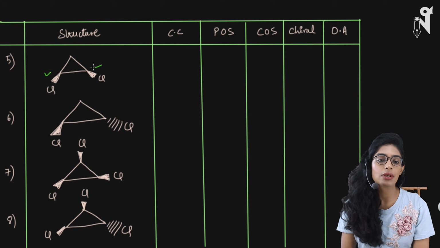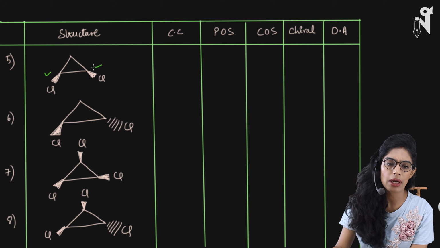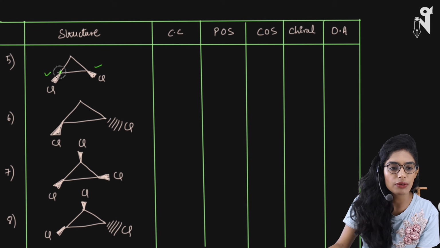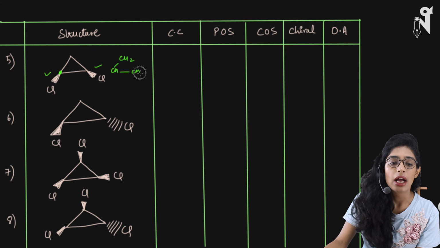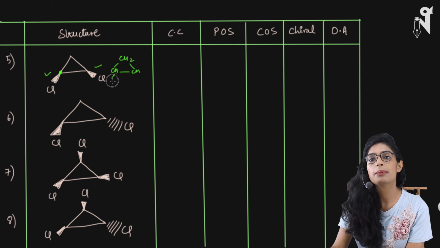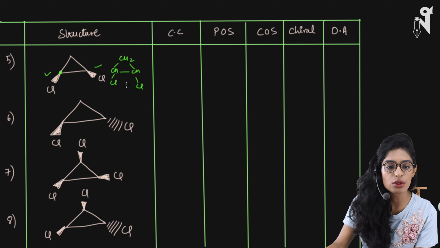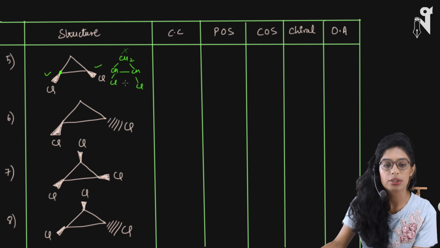So does this molecule have a chiral center? Let's see. There is one carbon over here which has chlorine. If I resolve it, the molecule will become CH2, CH, CH and Cl here and Cl here. I have already explained in geometrical isomerism how to resolve the cyclic chain. So this CH2 definitely is not a chiral center, but is the second carbon a chiral carbon?